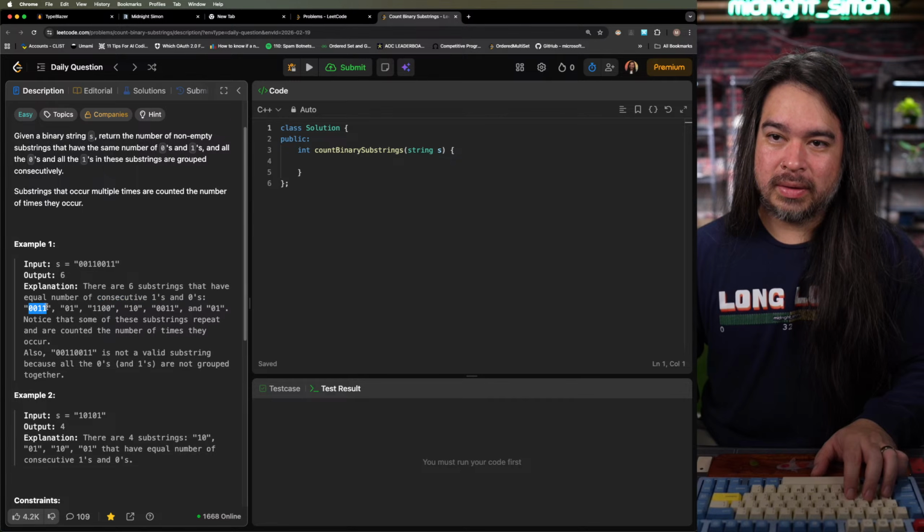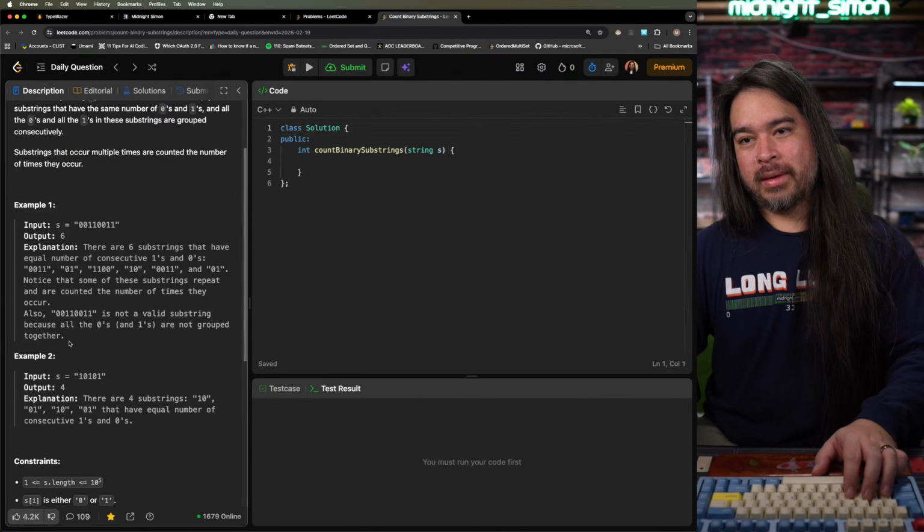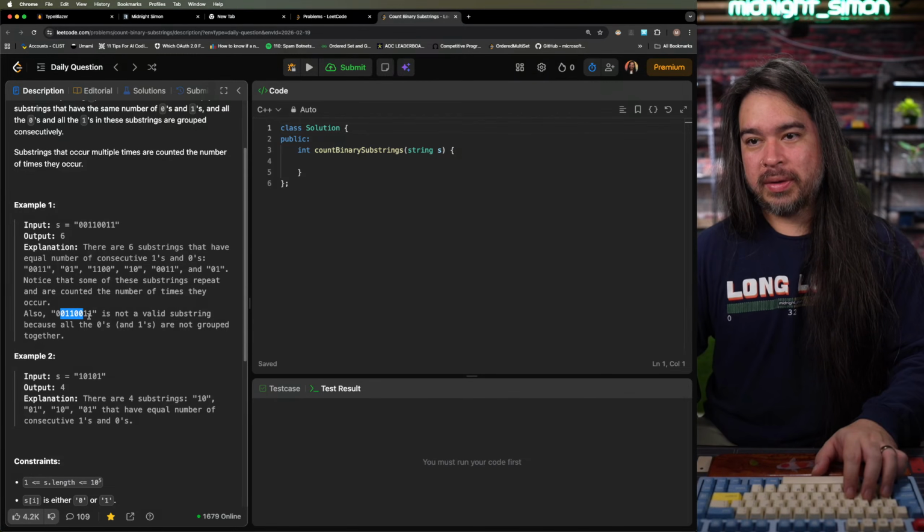We got 0, 0, 1, 1, 0, 1, 1, 1, 0. All of these different ones. Notice that some of these substrings repeat and are counted the number of times they occur. Also, the whole thing is not a valid substring because all of the zeros and ones are not grouped together.